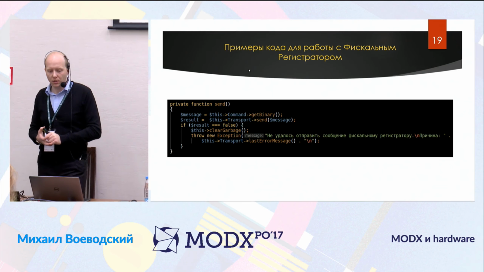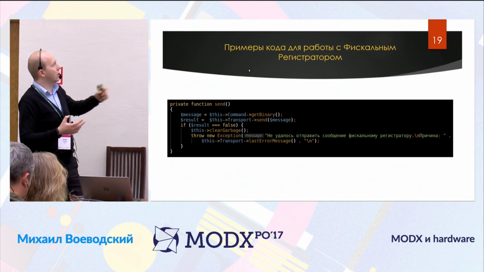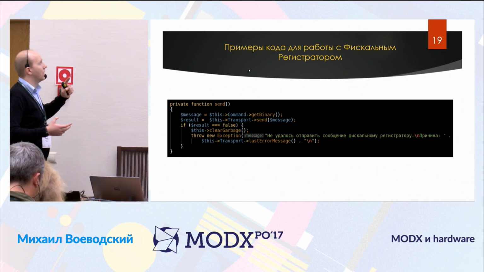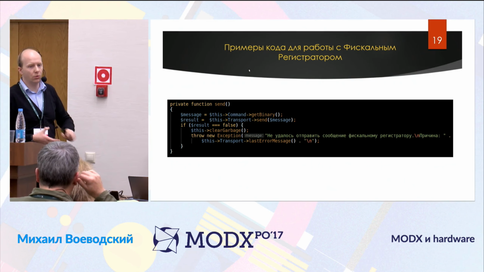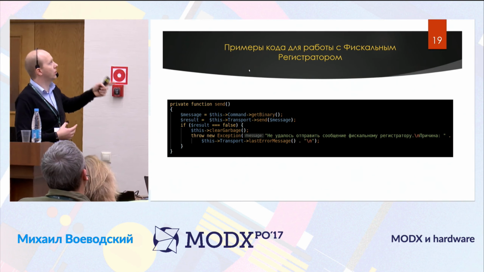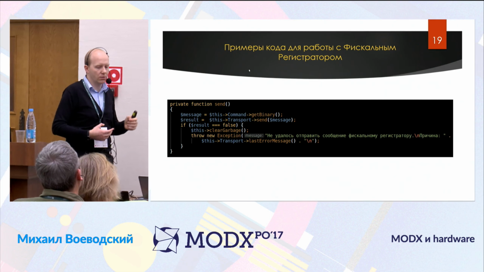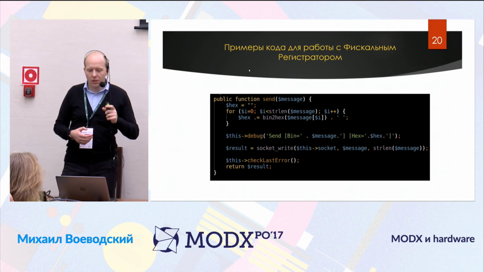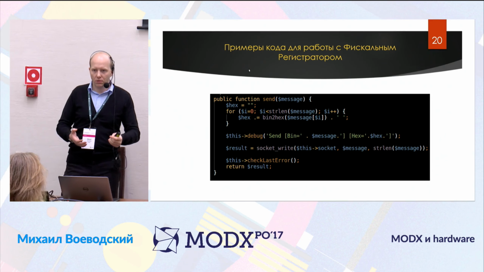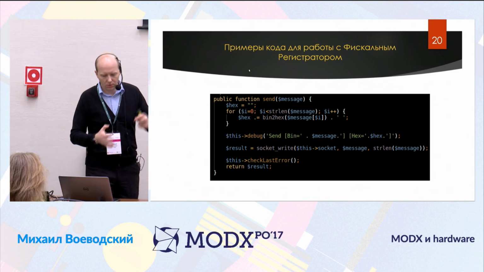Here the level is a bit lower: sending of data to the channel. At first, preparation of binary data that will be sent, then the transfer function or activation, and then processing of errors if need be. And this is the lowest level, where we can see that a prepared message is accepted.